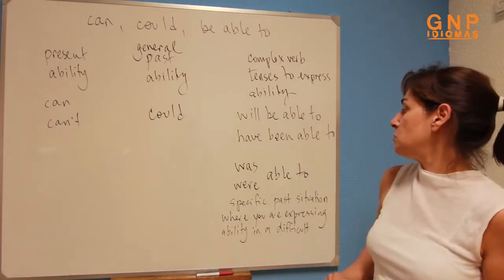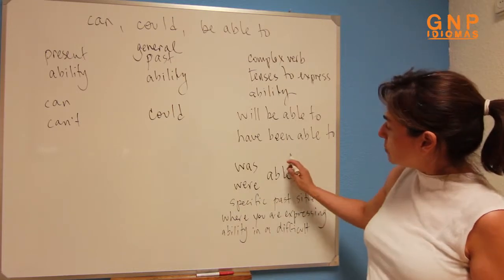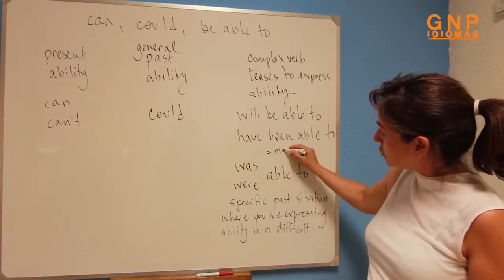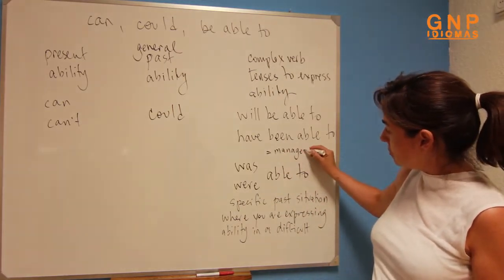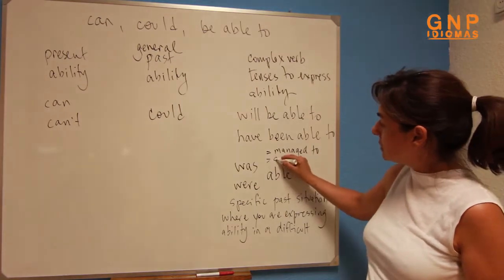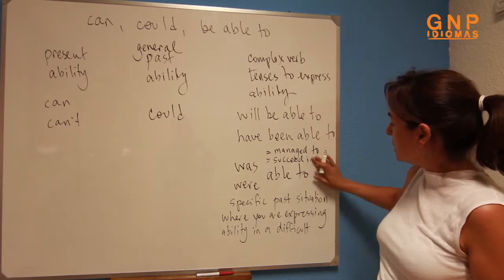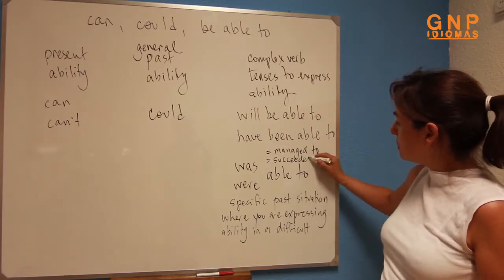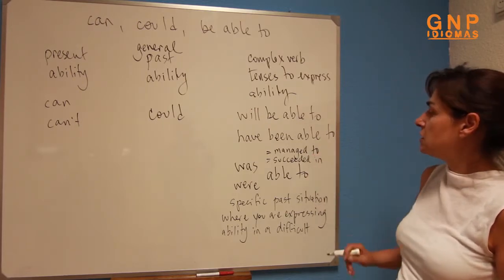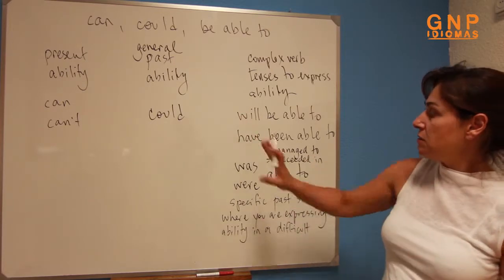Managed to is a synonym of this. I can use was or were able to, but I can also use managed to do, or succeeded in doing. Succeeded, always past, in this situation, succeeded in doing. So that's the difference.